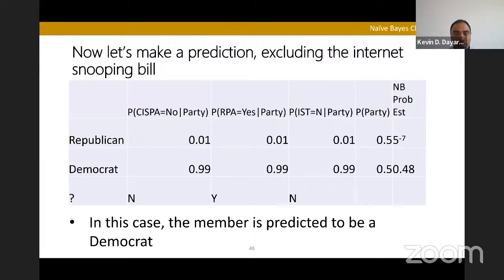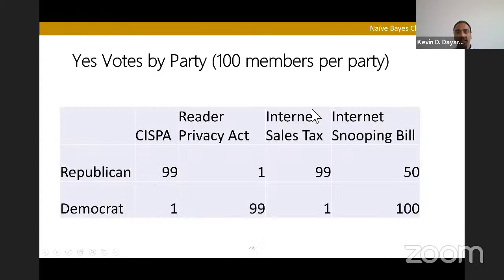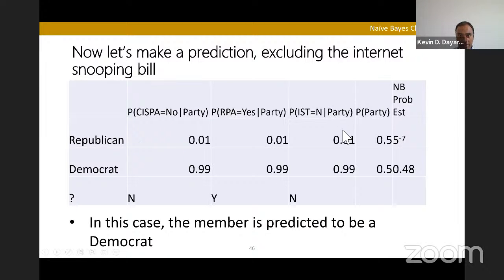Well, what you can do is compute the probability of voting no, given that they belong to each party, for each bill: for CISPA, the probability of voting for the Reader Privacy Act, given that they belong to each party, and the probability of voting no on the Internet Sales Tax, given they belong to each party, and the marginal probability of each party.